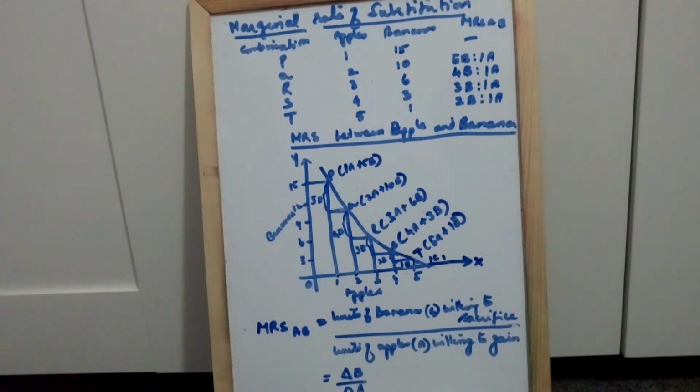So when consumer moves from P to Q, he sacrifices 5 bananas for 1 apple. So 5 is to 1. Then from Q to R, 4 is to 1. In combination T, the sacrifice falls to 2 bananas for 1 apple. In other words, the MRS of apples for bananas is diminishing.